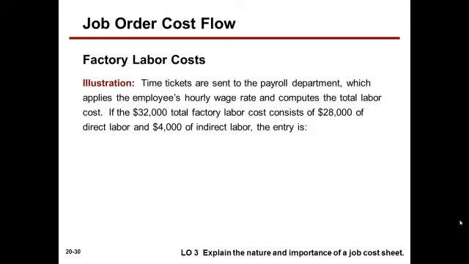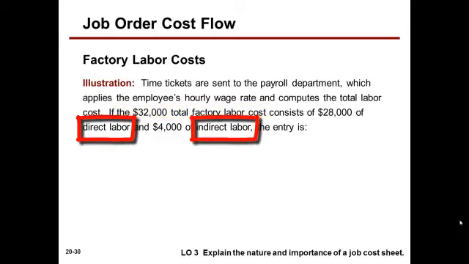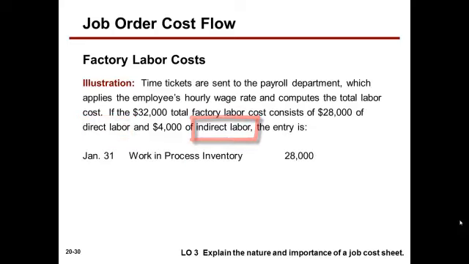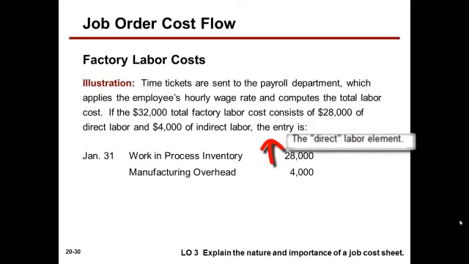Here's an example. Time tickets are sent to the payroll department, which applies the employee's hourly wage rate and computes the total cost. If $32,000 is the total factory labor cost, consisting of $28,000 of direct labor and $4,000 of indirect labor, the latter of which cannot be directly traced to a job, the journal entry is debit work in process inventory, $28,000, increasing that inventory account.